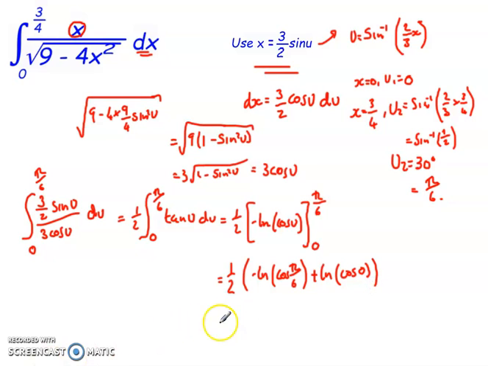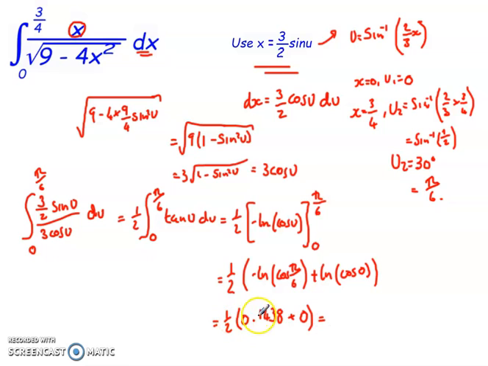Calculating each of these parts, what that then gives me is a half times, well, cos of pi over 6 is root 3 over 2, negative ln of that, well, ln of that is equal to 0.1438, so negative of the negative gives me a positive, so I get 0.1438, then I'm going to get plus ln of cos 0, cos of 0 is 1, ln of 1 is 0.